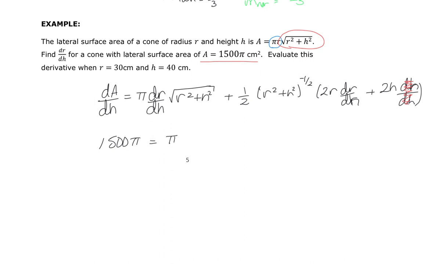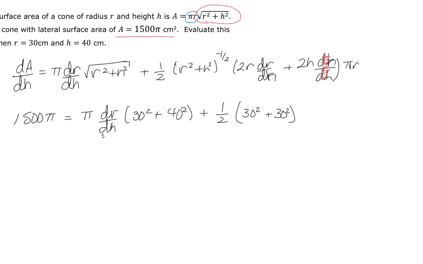And I have pi times dr/dh, and then I have an r of 30, so I'll put 30 squared plus 40 squared, plus 1/2, raised to the negative 1/2. And then I have times 2 multiplied by my r, which is 30, and then I have dr/dh, which I don't know what that is. That's what I'm trying to find.